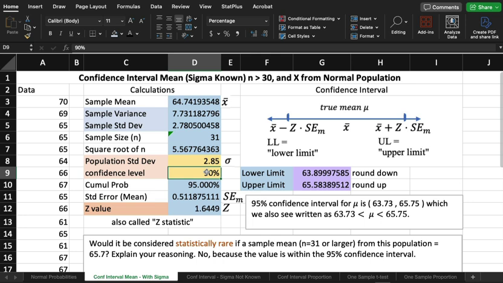If our confidence level was 99%, so we wanted to be even more certain, then we have to widen the interval. The interval is going to be bigger.